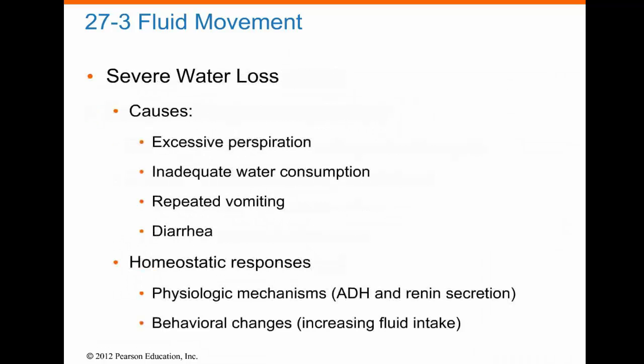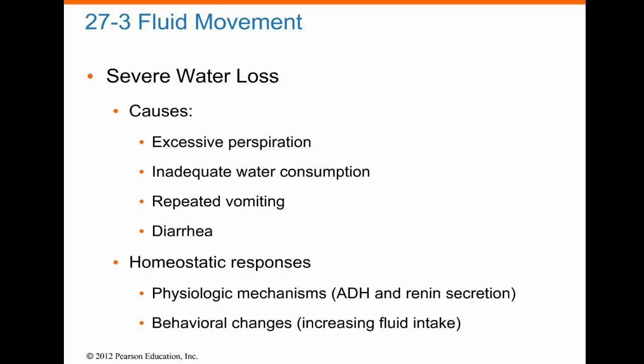severe water losses, and this could be through excessive perspiration if the person has a very, very high fever, or if they're unable to consume water, say if they have a sore throat, so with a little child or adult who has mumps or tonsillitis and they're unable to consume water, then they have severe water loss.